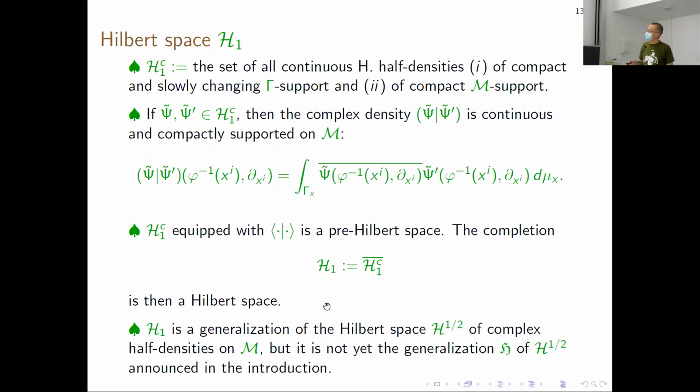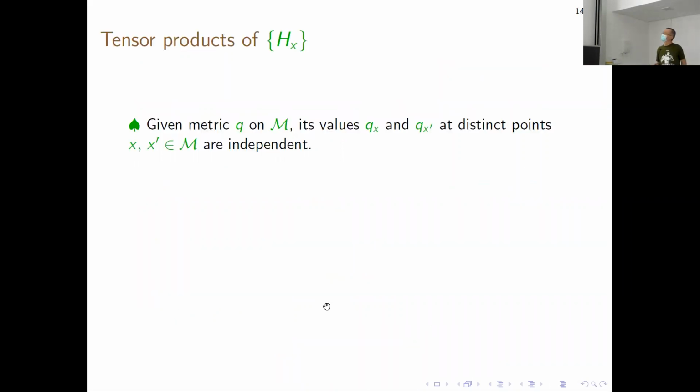So this H1 is a generalization of that Hilbert space of complex half densities on M, but it is not yet the generalization H of this Hilbert space, which was announced in the introduction. Why is it not? Given metric Q on M, its values at two distinct points are independent.